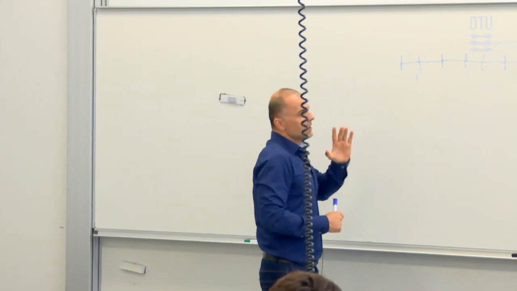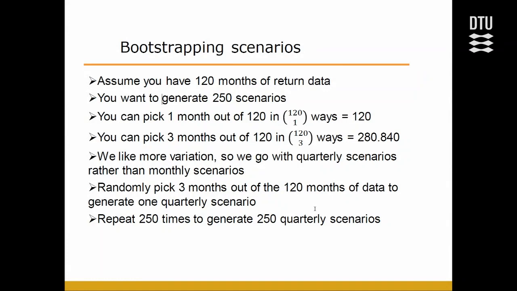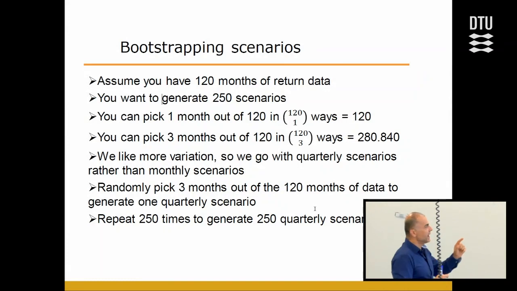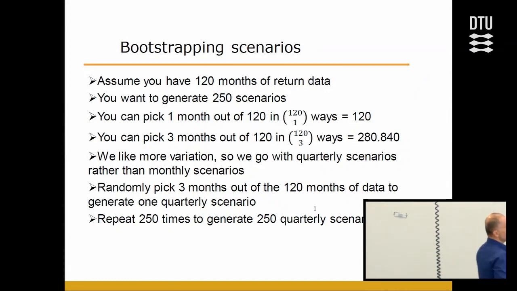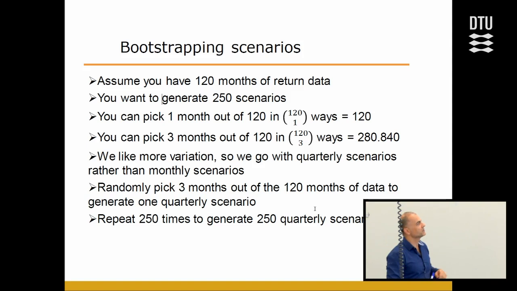Right, but where we are now, the question is merely that I want to have a bigger sample to pick from. And if I look at in how many ways I can pick 3 months out of 120 months, the answer is that binomial coefficient, 120 choose 3, which gives 280,840.